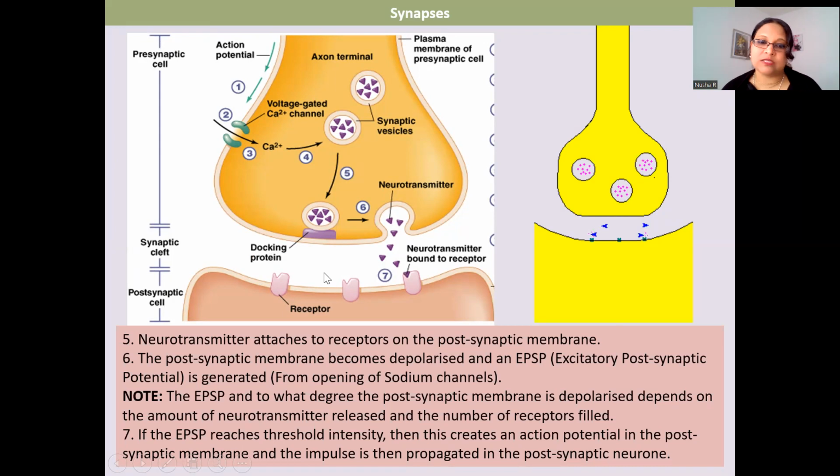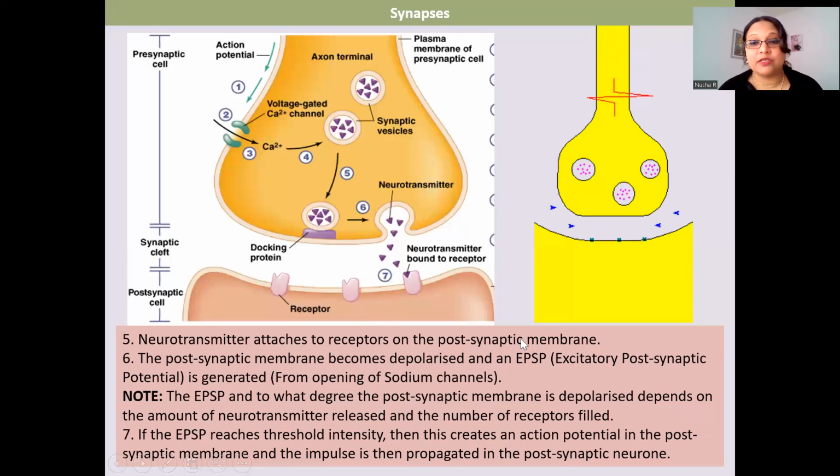The more neurotransmitter released, the more receptors are filled, and the higher the degree of depolarization. This depolarization is called an EPSP. And when the EPSP reaches threshold intensity for an action potential to be generated, this creates an action potential in the postsynaptic membrane.